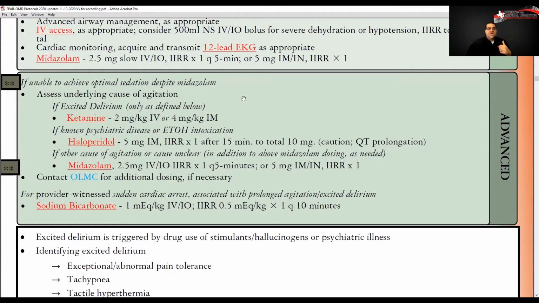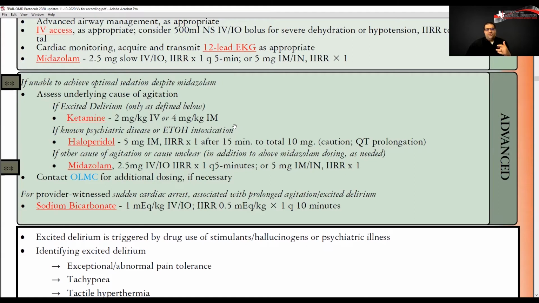If it's a known psychiatric disease, say schizoaffective disorder, psychosis, or alcohol intoxication that is causing severe agitation with the need for sedation, then haloperidol or other dopamine agents are going to be your most effective and safest drug. So antipsychotics for patients with psychosis, haloperidol 5 milligrams, for example, in those patient populations.